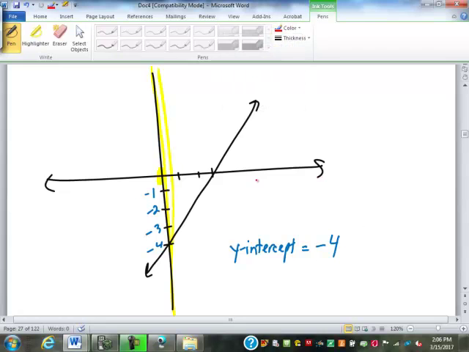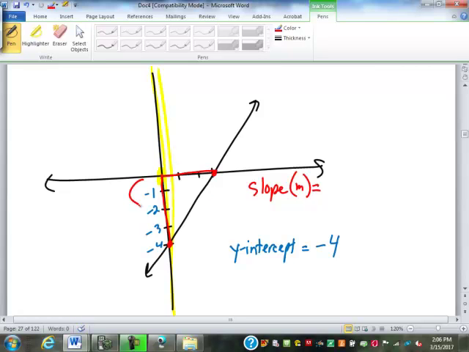The second thing we need to be able to find is our slope. The symbol we use for slope is the letter m. And we have to find 2 coordinates on the graph. And we have to follow from one point up and over to the other. So from this point, we go up and over to get to that point.